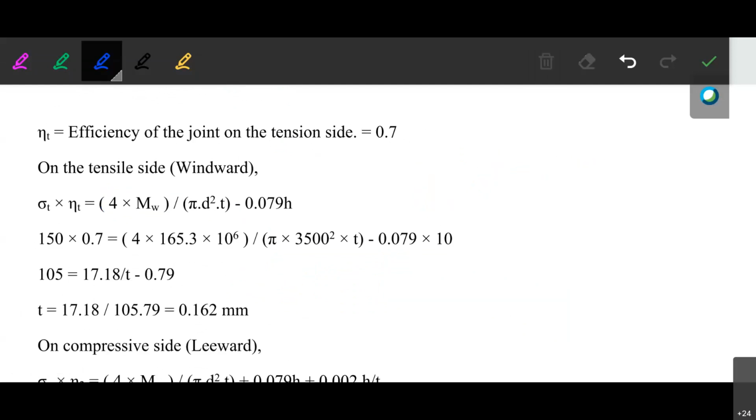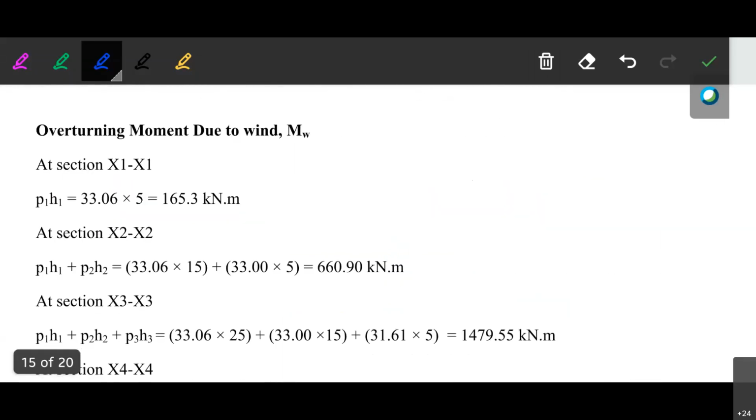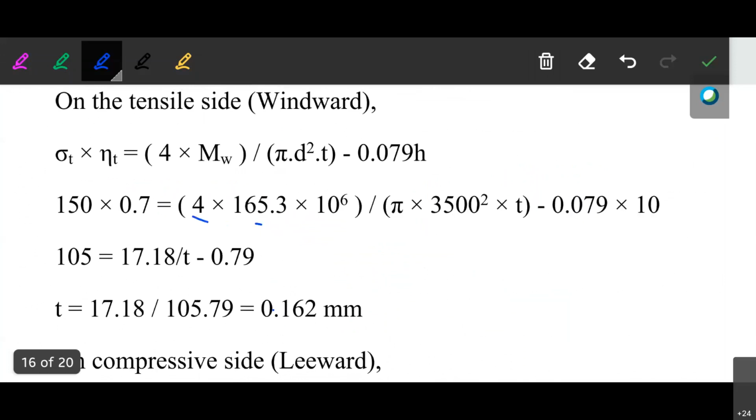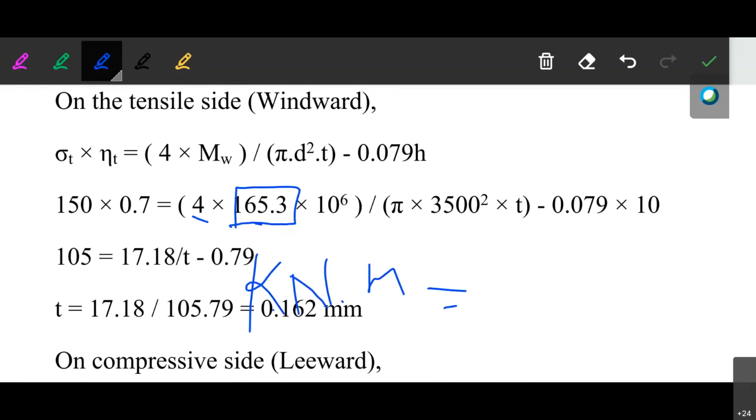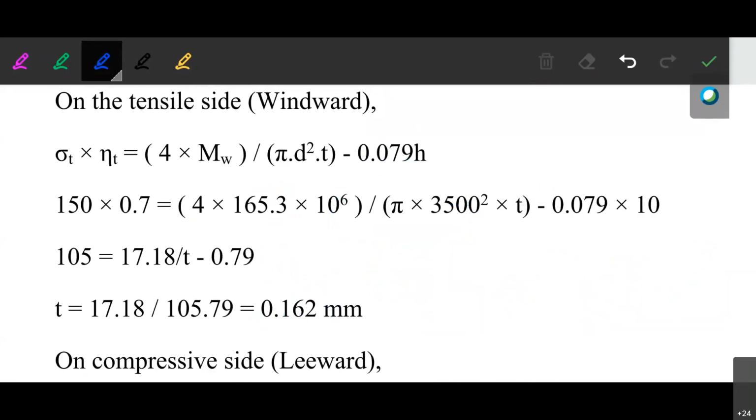Okay, so first the movement due to the wind on the section x1 was 165.3 kilonewton meter. Therefore again it will be 4 multiplied by 165.3 kilonewton meter. Converting it into Newton mm means multiplying with 10 raised to 3 and again 10 raised to 3, so 10 raised to 6.